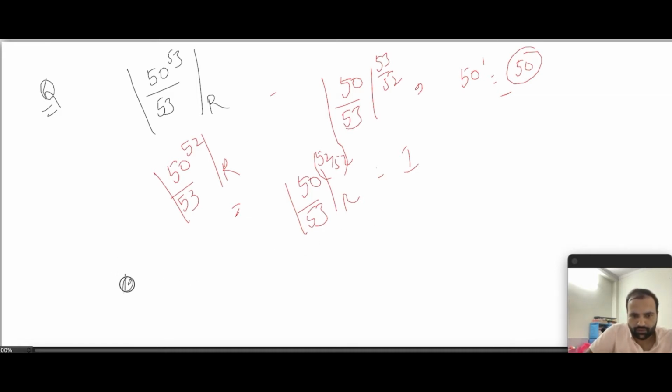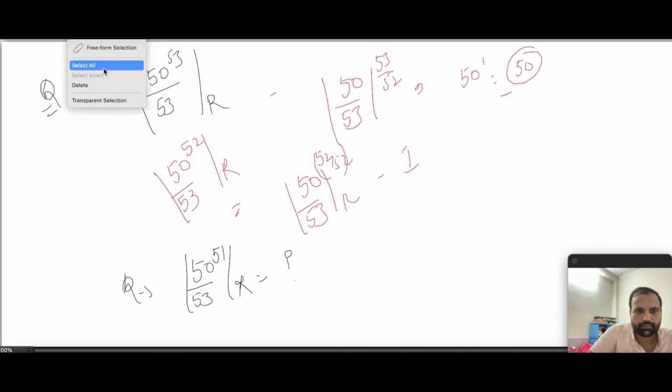Now if the question is 50 by 53 to the power 51, find the remainder. Okay, let's do this in the next slide. Find the remainder of 50 by 53 to the power 51.